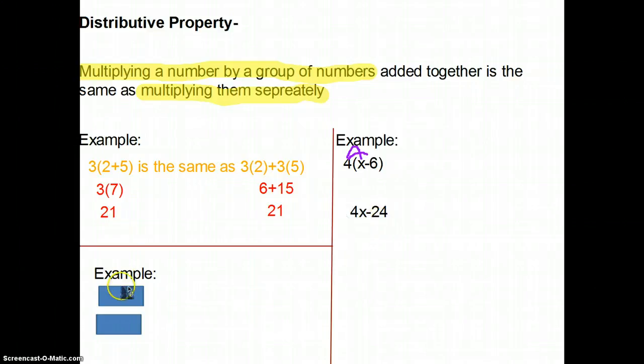Let's try that on the last example. x times x plus 2. So we draw our arches. Now, x times x is actually x squared. x times 2 is 2x. It worked.